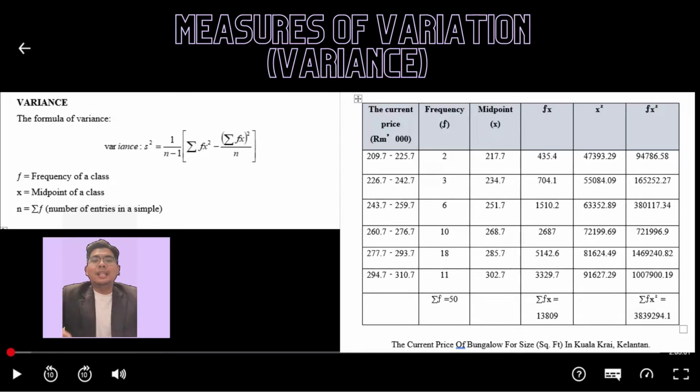To get x power of 2, the midpoint must be multiplied by itself. Lastly, for the column of fx power of 2, we take the midpoint x power of 2 values times the frequency. The total of the frequency times x power of 2 column will be 3839294.1.